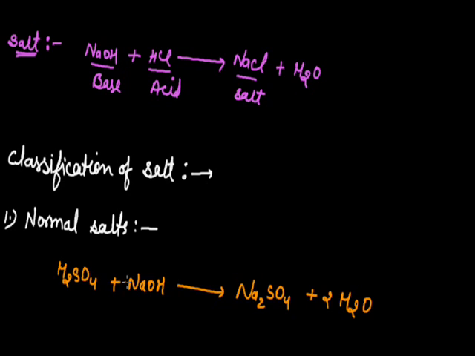So we will take 2 moles of NaOH. When we take 2 moles of NaOH, then the formation of Na2SO4, that is sodium sulfate, takes place. And in sodium sulfate there is no replaceable hydrogen or replaceable OH minus ion. That's why Na2SO4 is a normal salt.